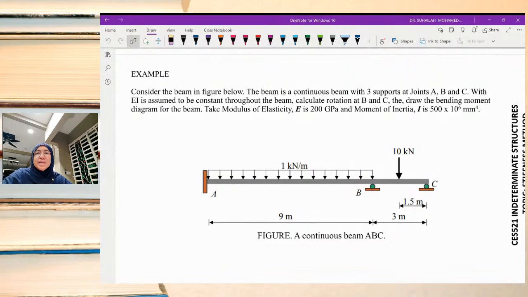Basically for the stiffness method, we will use the same procedure for truss analysis, beam analysis as well as frame analysis. Anyway, we have a little difference between beam and truss.